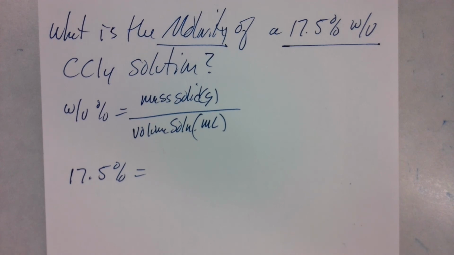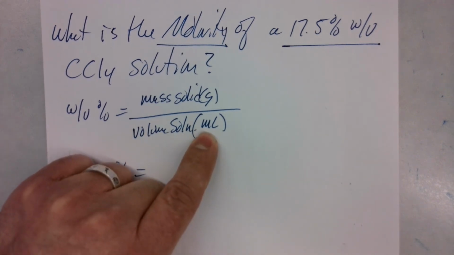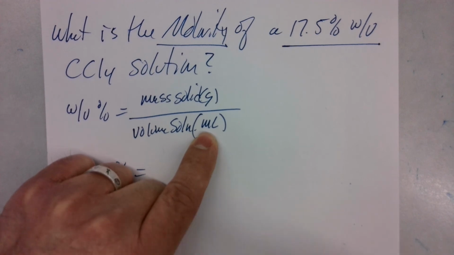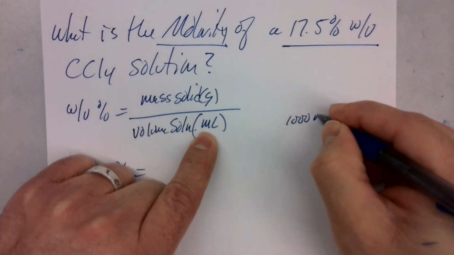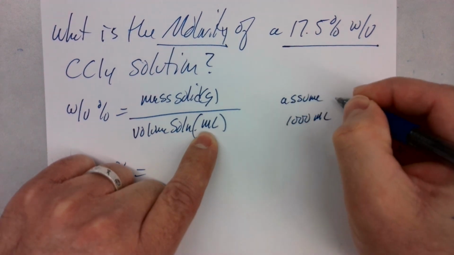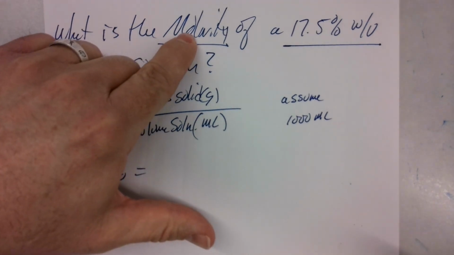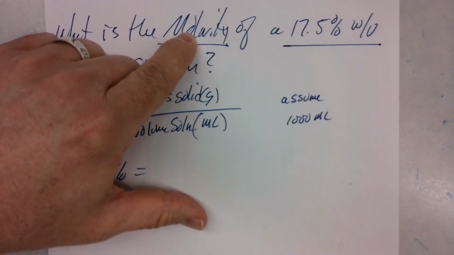Well, remember, this is in milliliters. Make it 1,000 milliliters. Why? Because that equals 1 liter, and that's what I can then use in my molarity question, and it makes the math really easy.